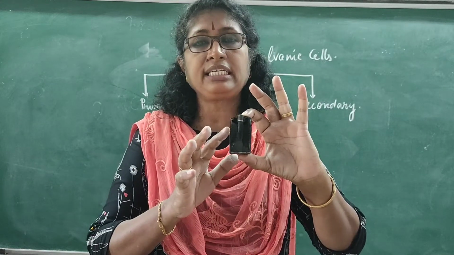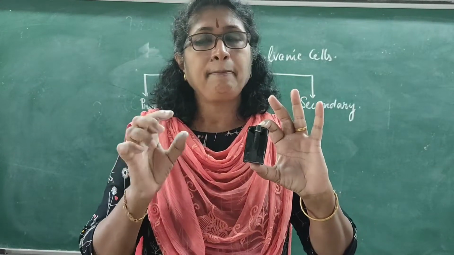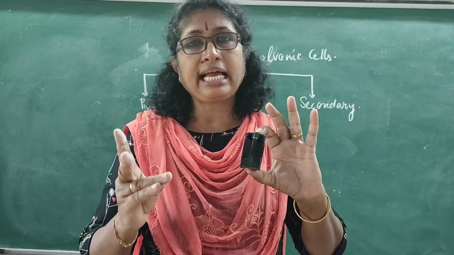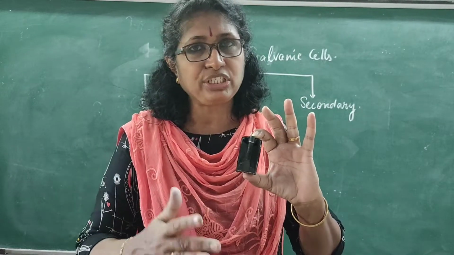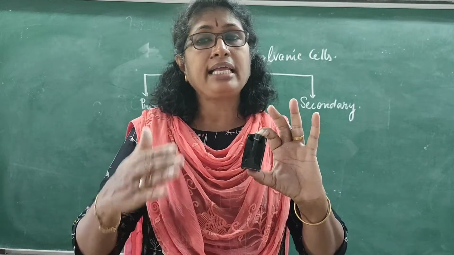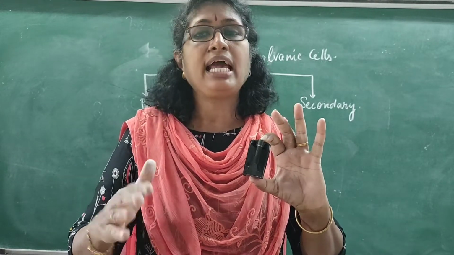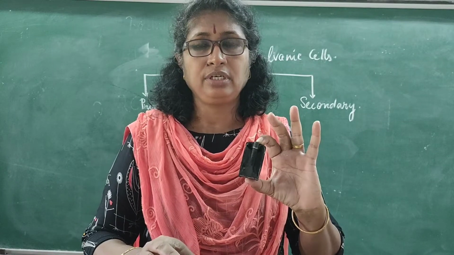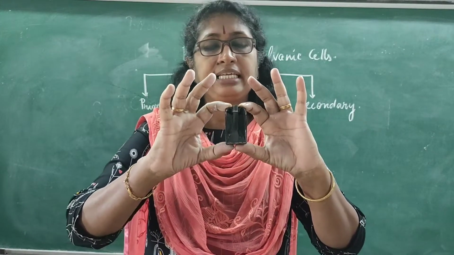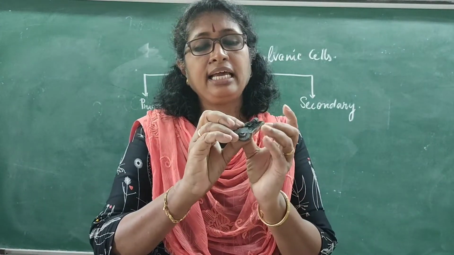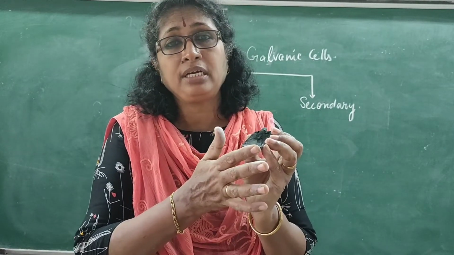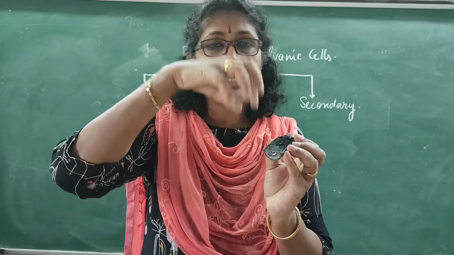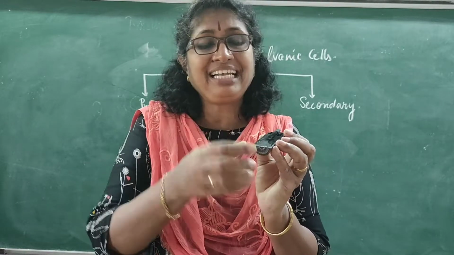So here you see, any cell must have an anode, a cathode and an electrolyte. And you must know the reaction taking place at the anode, the reaction taking place at the cathode and the overall reaction. So this is a dry cell. It contains a zinc can, and all the chemicals are filled in the zinc can.